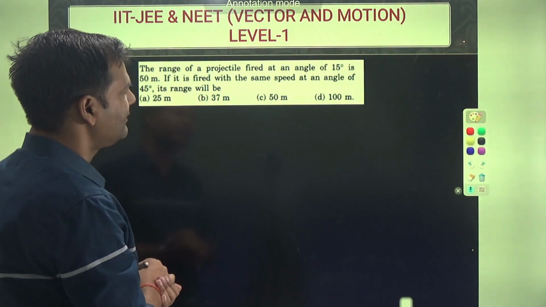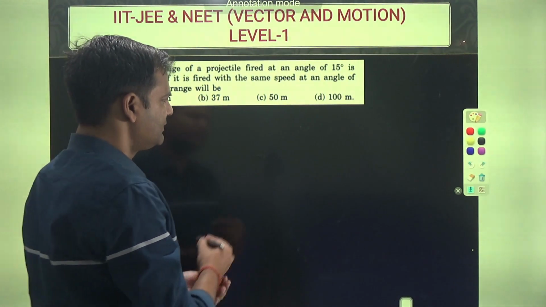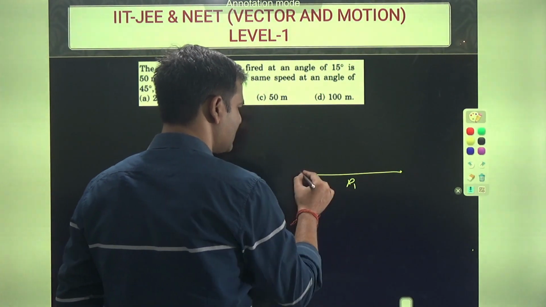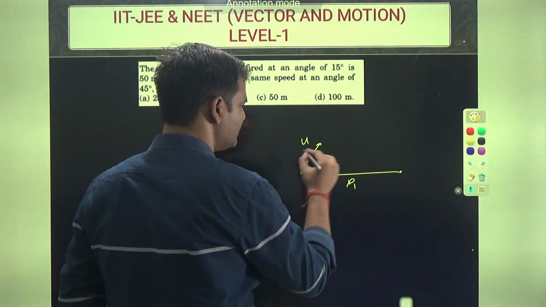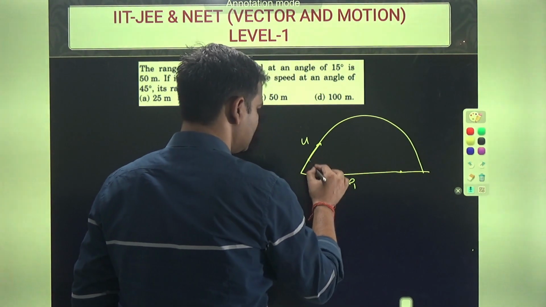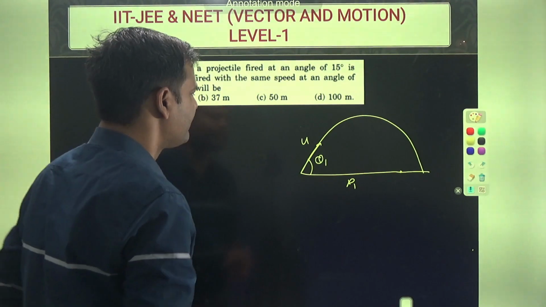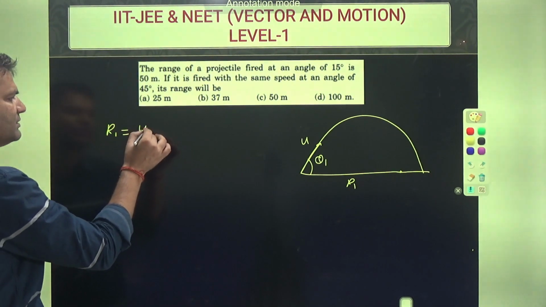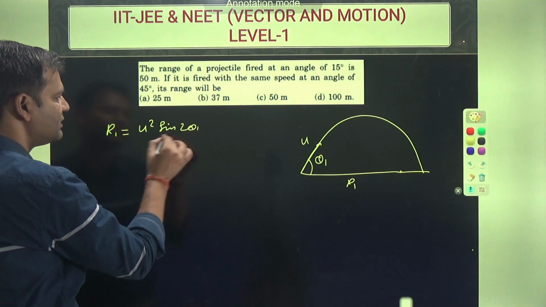A projectile fired at an angle of 15 degrees has a range of 50 meters. Suppose this is range R1, the velocity is u, and the angle is theta 1. R1 is written as u square sine 2 theta 1 divided by g.